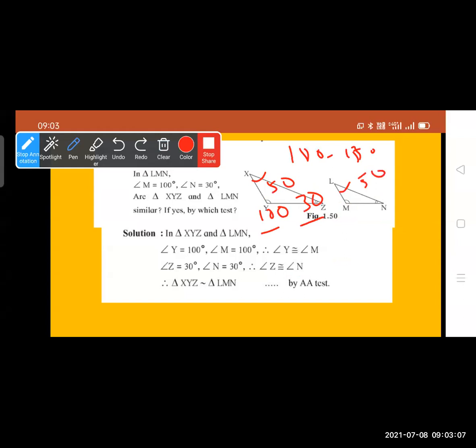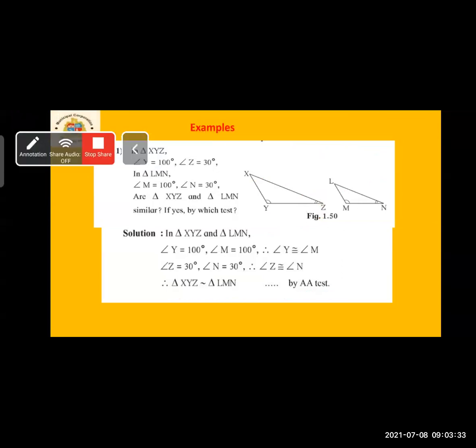So no need to find the third angle. If two angles are congruent, directly you can write angle Y is congruent to M, Z is congruent to N. Therefore, these two triangles are similar by AA test of similarity. Okay. Now you will get full marks, that is 2 marks. Now next question, next solve problem.